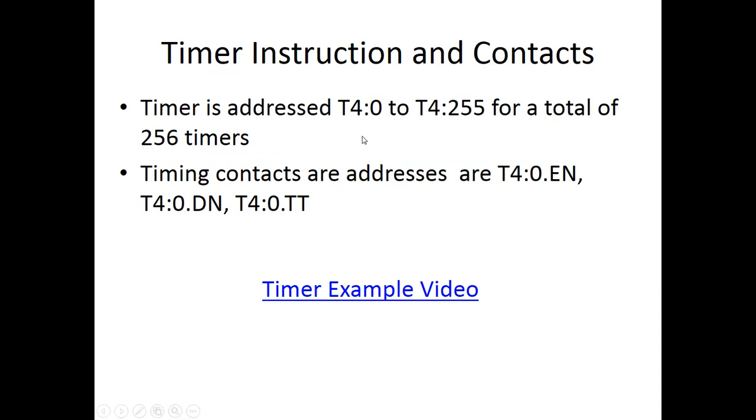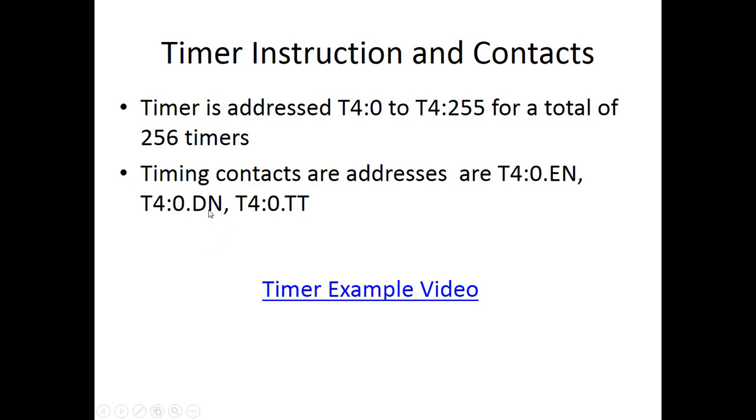So timers and counters are addressed using T4, okay, up to T4:0, T4:1, T4:2, all the way up to T4:255. We have a total of 256 timers. The contacts associated with this are the EN, which is the instantaneous contact on a timer.